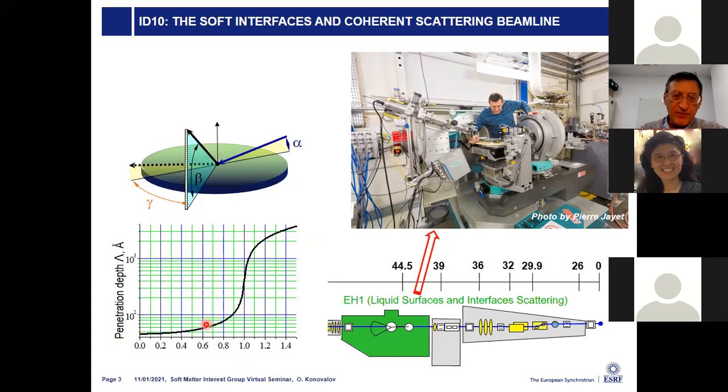In this case, the propagation of the X-rays in the media is very small, and like this we can separate scattering from the film or from the surface from the scattering of the bulk. Basically, the bulk doesn't scatter because it is not reached by the X-rays. So this is what is important to understand for surface scattering, at least at the beginning.